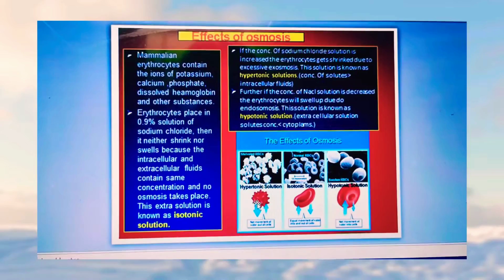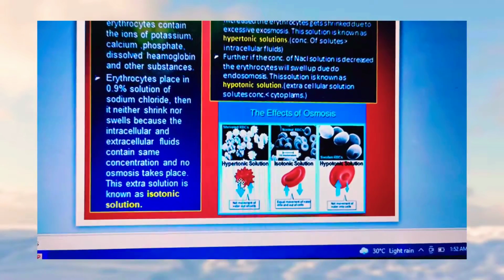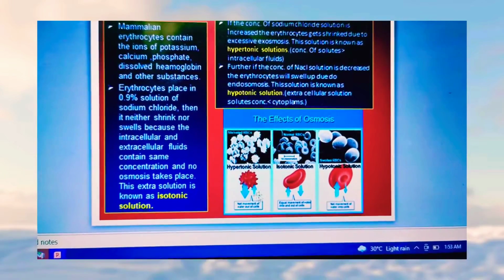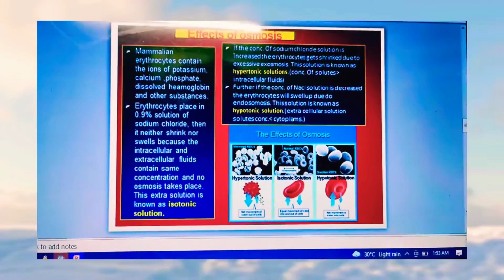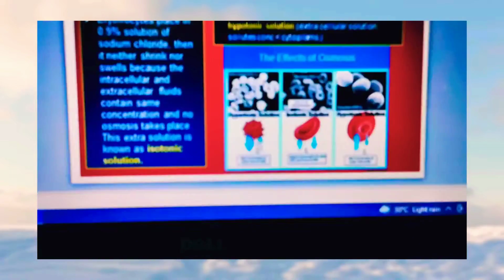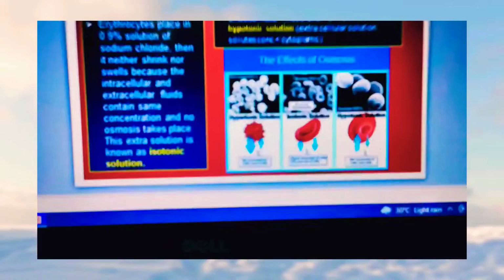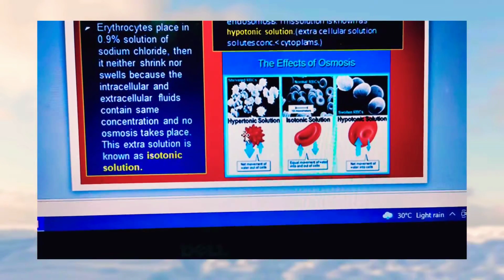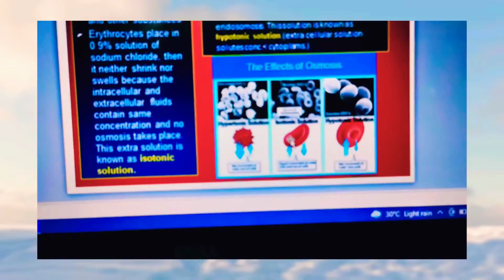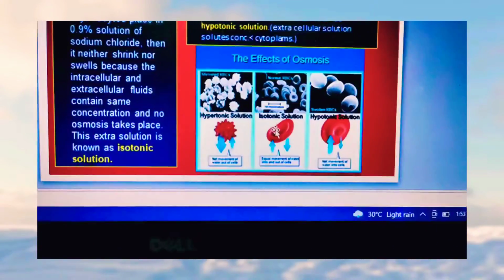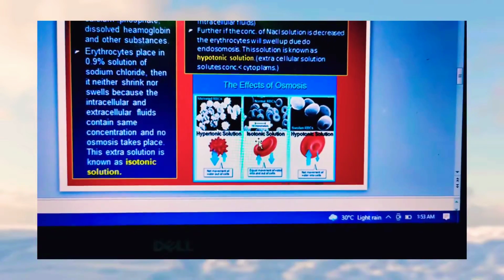Now it has entered into the raisins, and it swells up the raisins. Similarly, the same process takes place when a hypertonic solution is there. The cells shrink because the water comes out from the plasma membrane of the cell. Now, what happens when that particular cell needs water? Isotonic solutions.